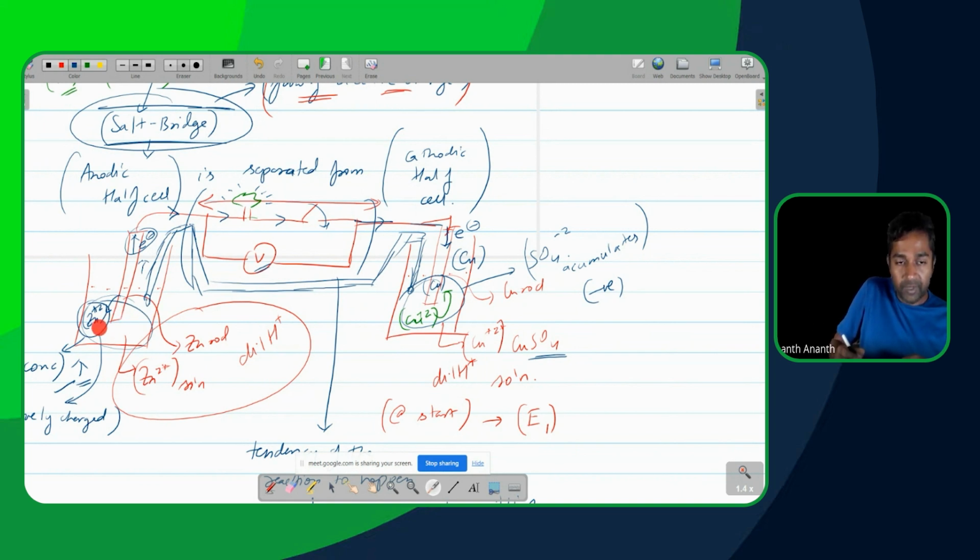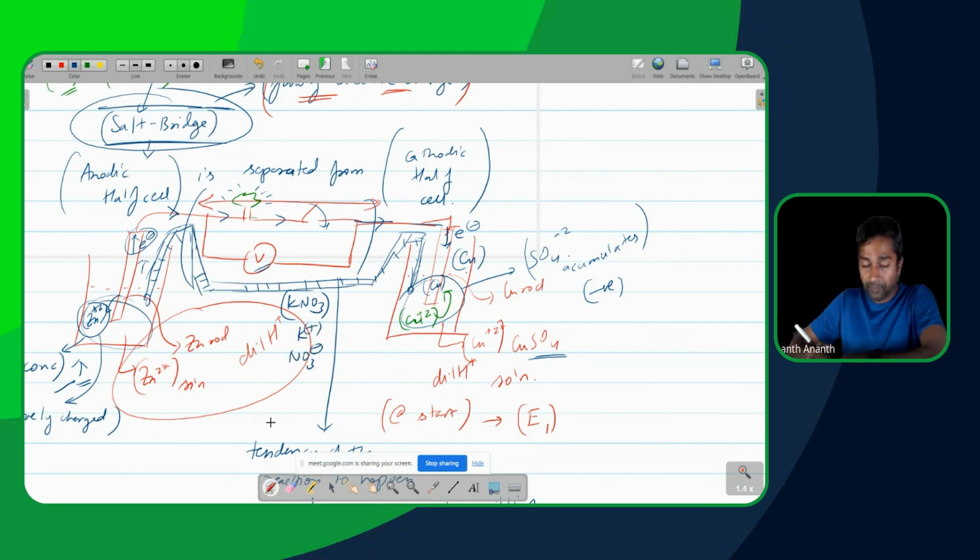Zinc 2 plus can be here, no problem. The problem is there is nothing balancing it out.